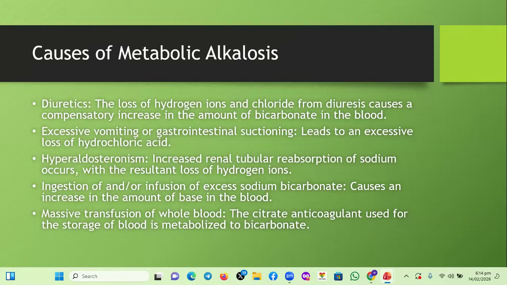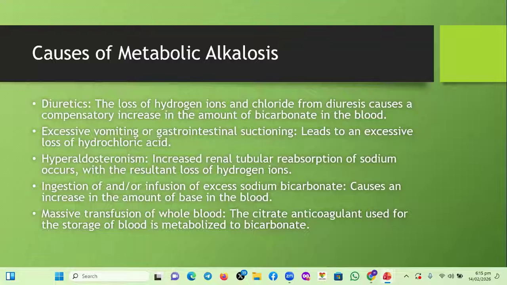The body will lose acid, and the amount of bicarbonate, which is the base, will rather go up. Even if it is normal, it will exceed the acid level. And so the body will end up in what we call metabolic alkalosis.